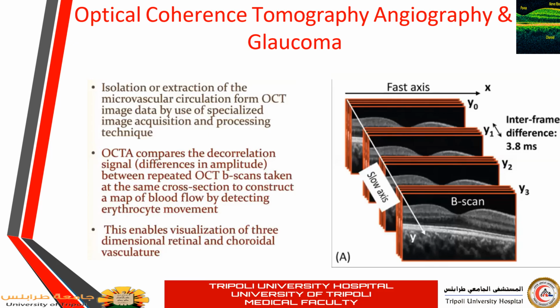And this algorithm or software does what's called decorrelation, detecting the decorrelation signal. By decorrelation signal, we mean that we subtract the static structures from the moving structures. So the difference in this signal is called the decorrelation signal. Now, this decorrelation signal will give us the motion contrast. This is the main principle of the OCT angio.